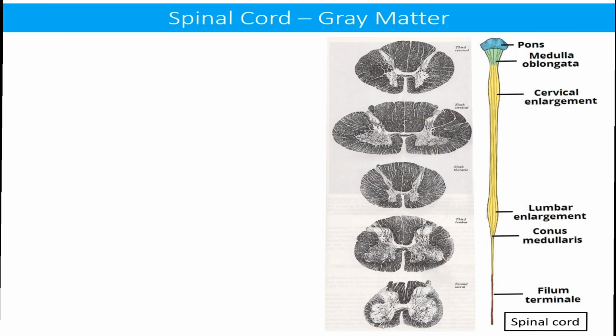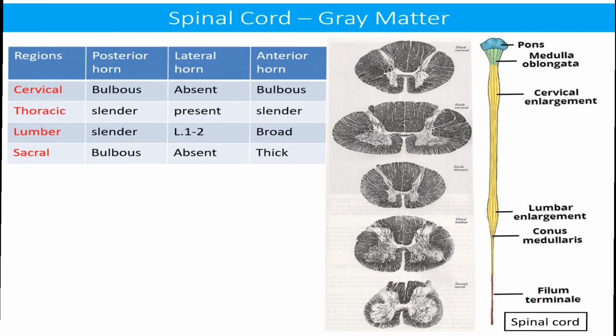Now let us have a look at the gray matter of the spinal cord at different levels. First, the cervical level. Both the posterior and anterior horns are bulbous and the lateral horn is absent. At thoracic level, both the anterior and posterior horns are slender and the lateral horn is present.